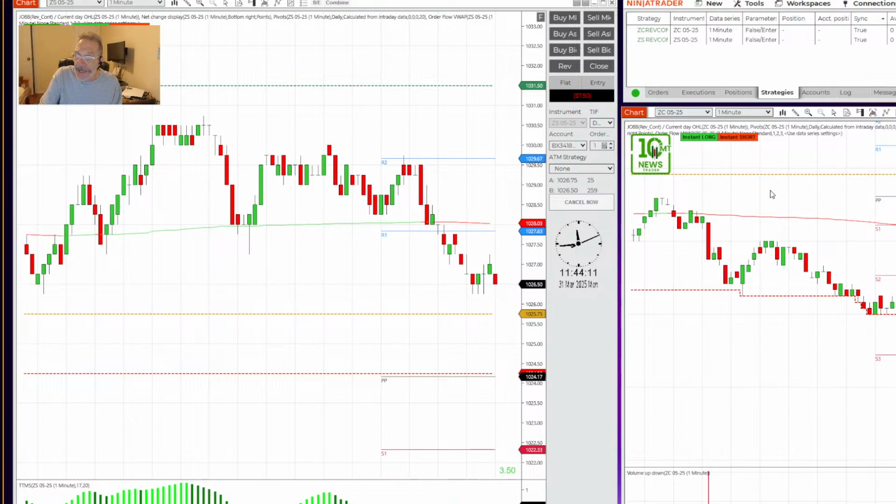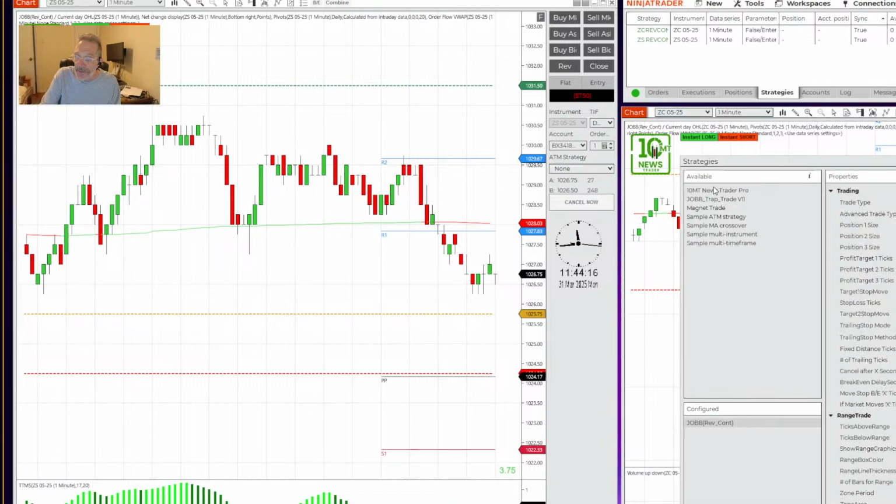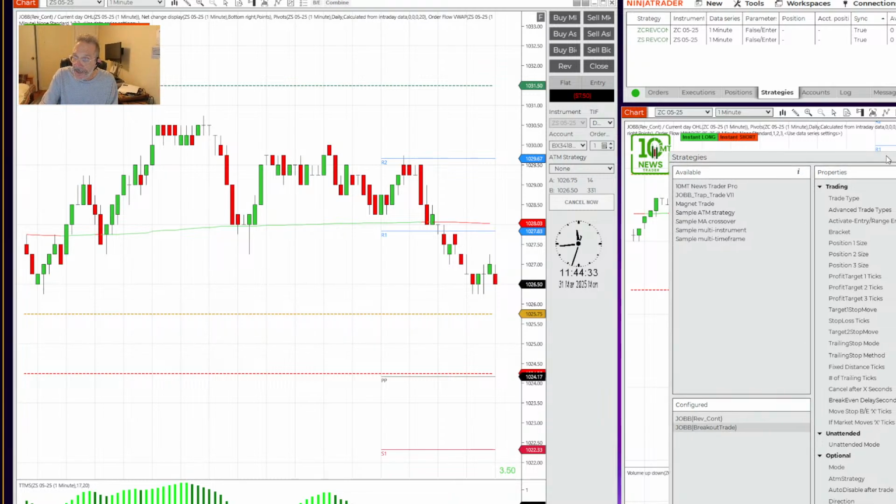The main trade is a breakout. Right click the chart, click on strategies, double click news trade. Default is breakout. The activation time 11:59:59. This is a report. We will not know that the news is released except if we get filled.